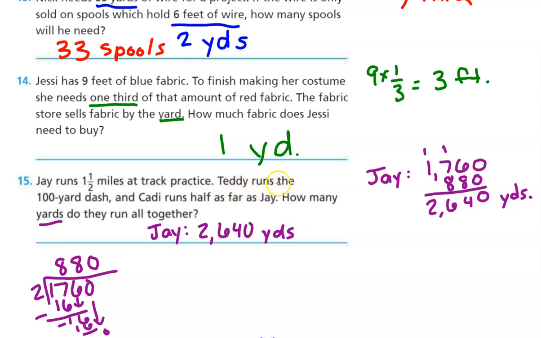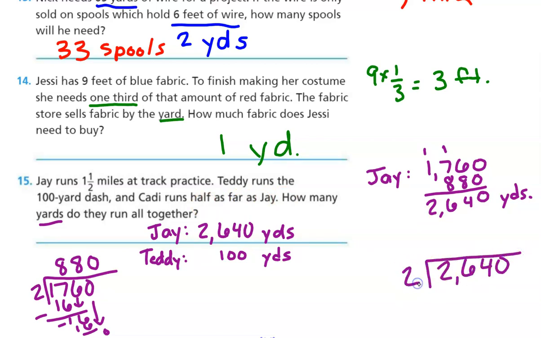Okay, well, let's look at Teddy. It says Teddy runs the 100-yard dash. So that's easy enough. Teddy only ran 100 yards. And then it says Katie runs half as far as Jay. So I need to now take Jay's amount, which was 2,640, and I need to find half of that.